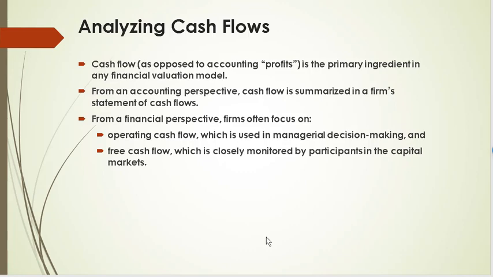This is the number managers use to understand how much cash they're generating towards the company's operations. Free cash flow is a number that's more closely monitored by the participants in the marketplace. So this is the number that investors want. So there are two numbers as we work our way through here that we ultimately want to be able to calculate and determine.